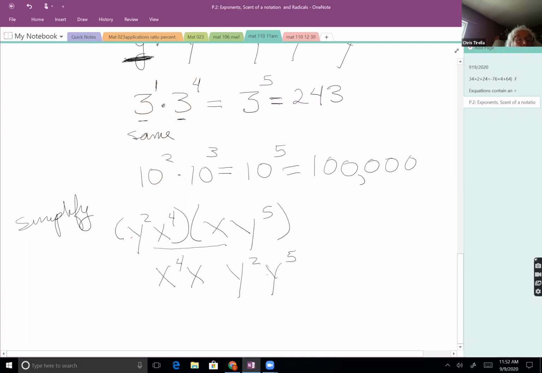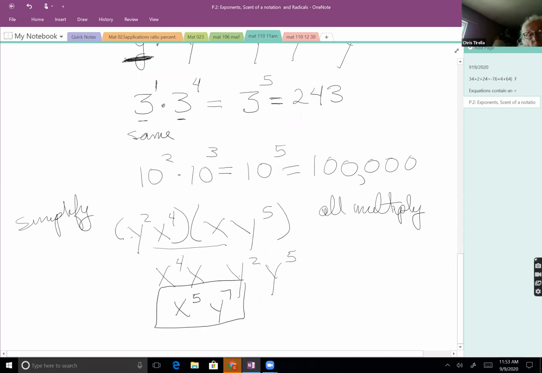And again, the only reason I can rearrange at will here is because it's all multiplication. And so that gives me the final answer, x to the fifth times y to the seventh. Product rule, all right.